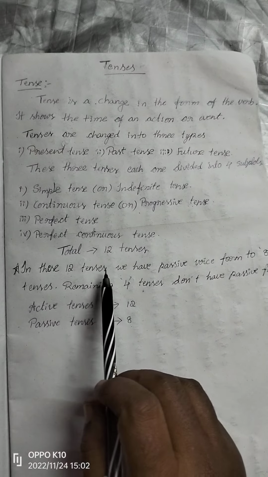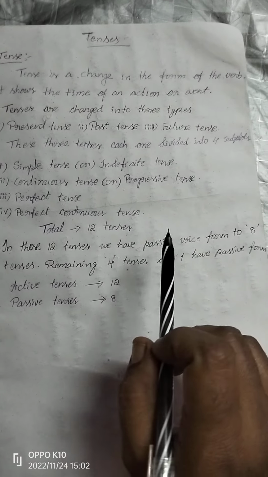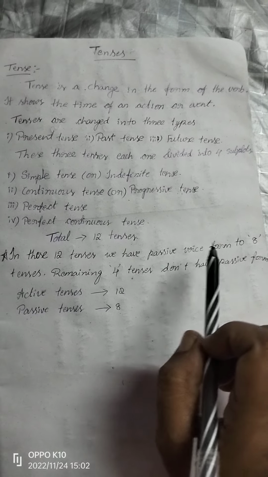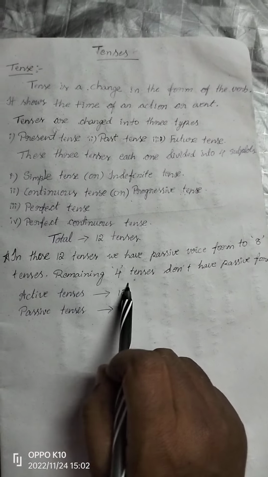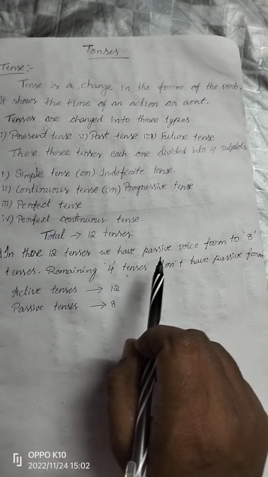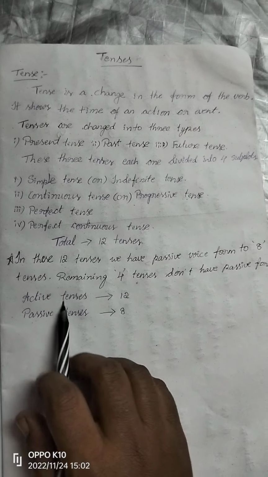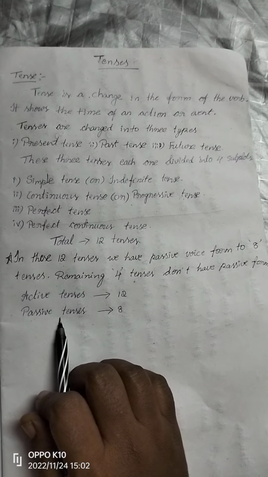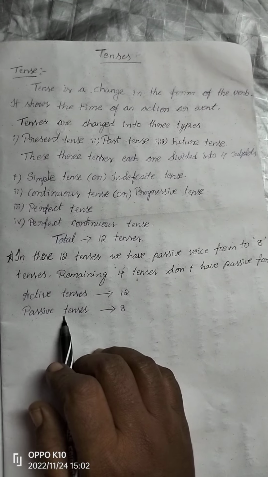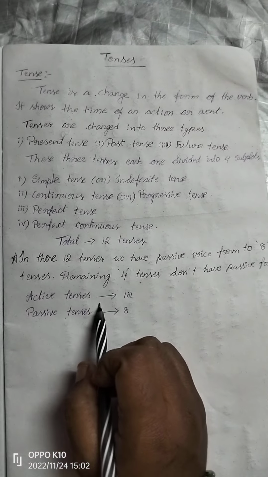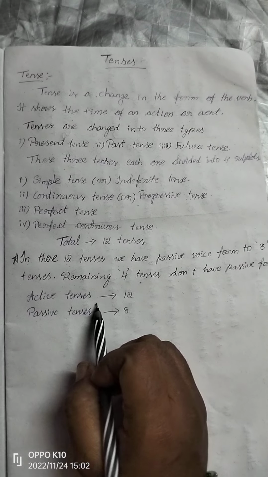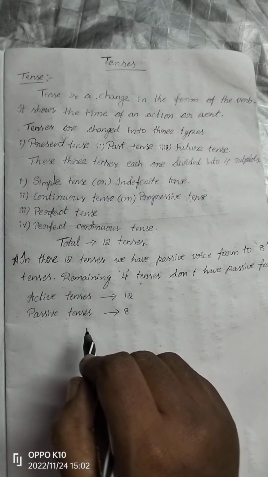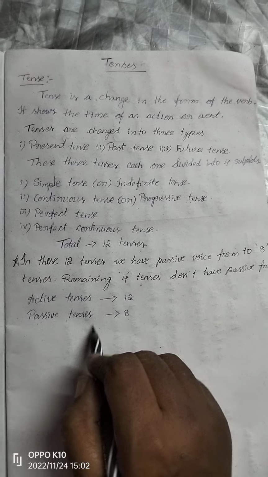Of these 12 tenses, we have a passive voice form for 8 tenses only. The remaining 4 tenses don't have any passive form. Here the total active tenses are 12 and passive tenses are 8. Passive tenses means the sentence which is given in active voice that we can change into passive form.